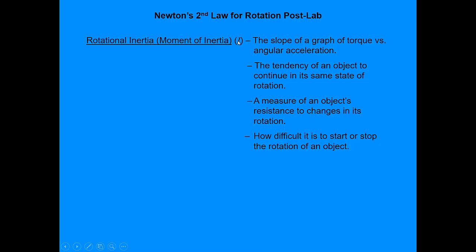But if we plug that I in for our number, we get a general math model, which is Newton's second law for rotation, the rotational version of Newton's second law. Net torque equals I alpha, where I is the rotational inertia and alpha is the angular acceleration. Or if you do one step, the angular acceleration is proportional to the net torque and inversely proportional to the rotational inertia.